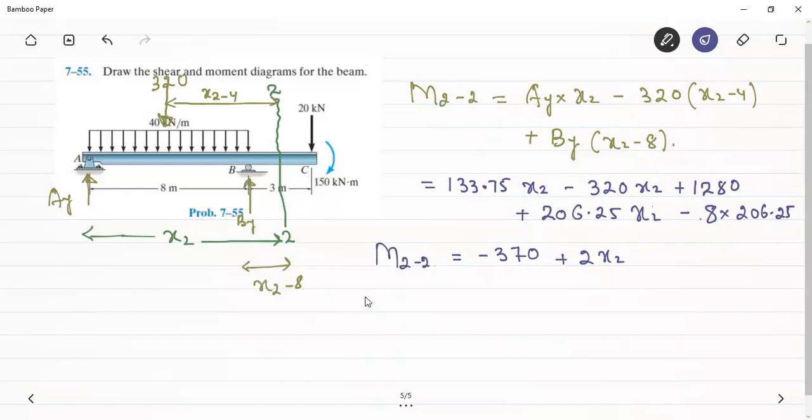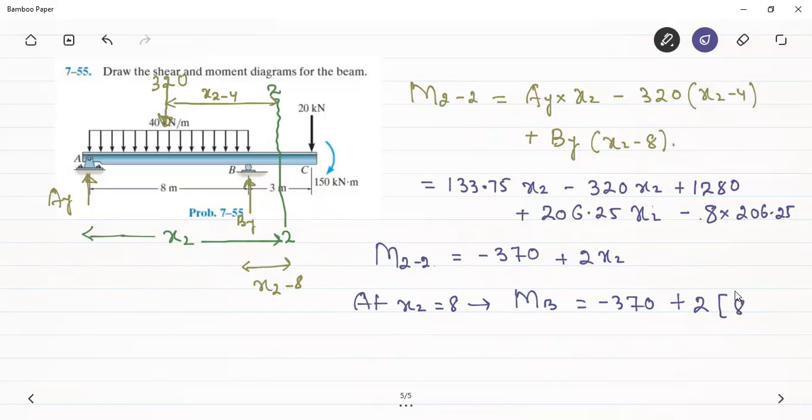So at x2 is equal to 8, we will get the bending moment at B. So this will be equal to minus 370 plus 2 into x2 here is equal to 8. Sorry, not 2x2, here it will be 20x2, just correct it.